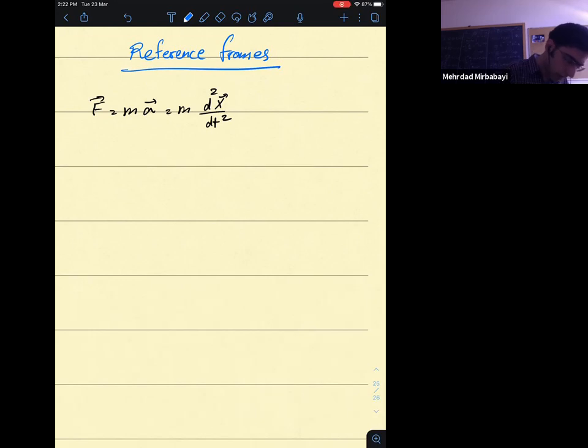So what happens is that in classical physics, like in Newtonian physics, or even in special relativity, we have preferred reference frames in which we write the laws of nature. So there exist preferred reference frames.